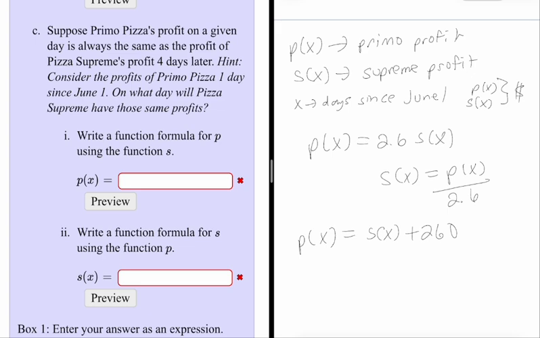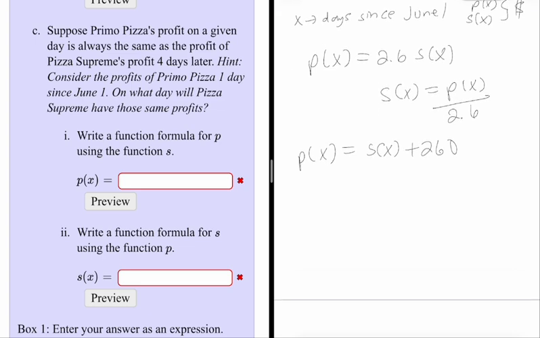Let's take a look at C. It says suppose Primo Pizza's profit on a given day is always the same as the profit of Supreme's profit 4 days later. Let's think about it for a minute.